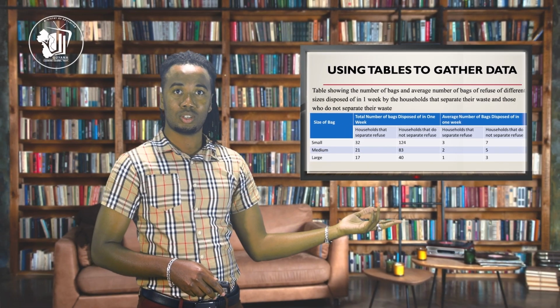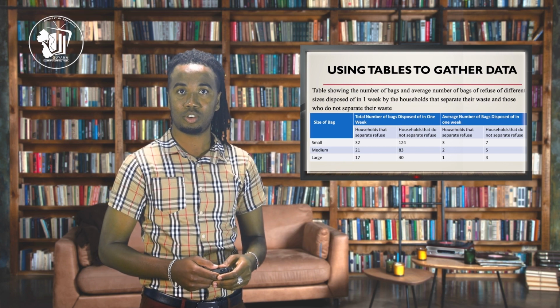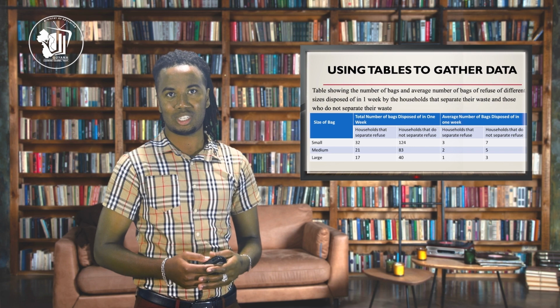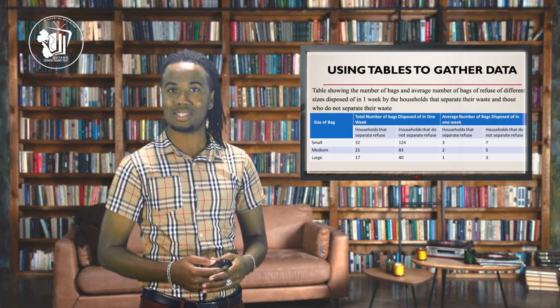Turning our attention to the screen, we can see that we have a table being presented there for us. Now, how do we use this table? First of all, the table must bear a title.